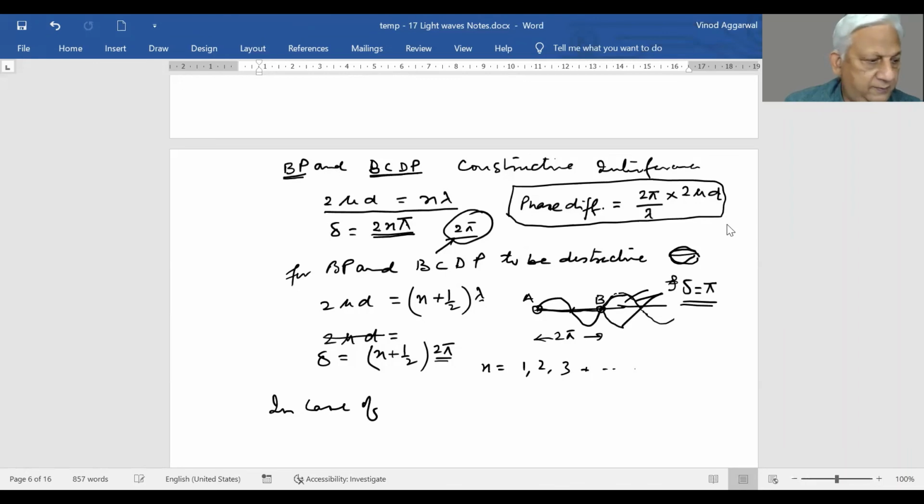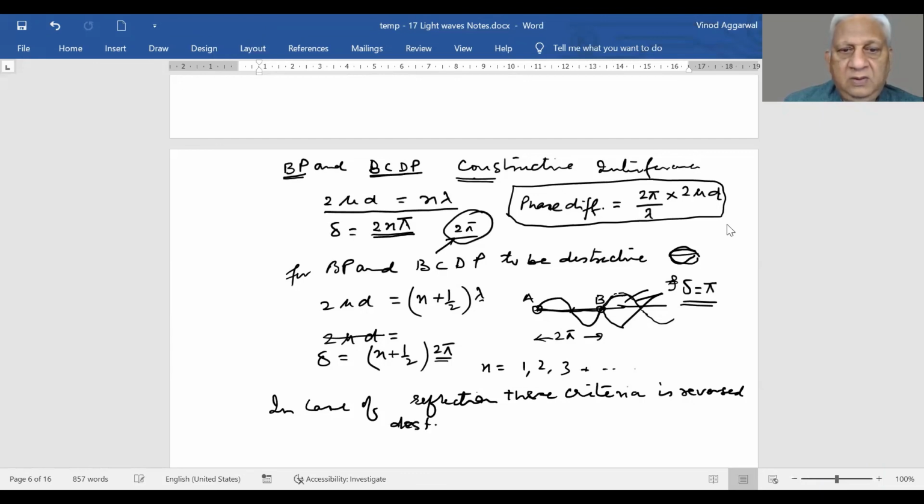In case of reflection, these criteria are reversed. Meaning thereby, if you are getting constructive interference in refraction, it will mean destruction in reflection.